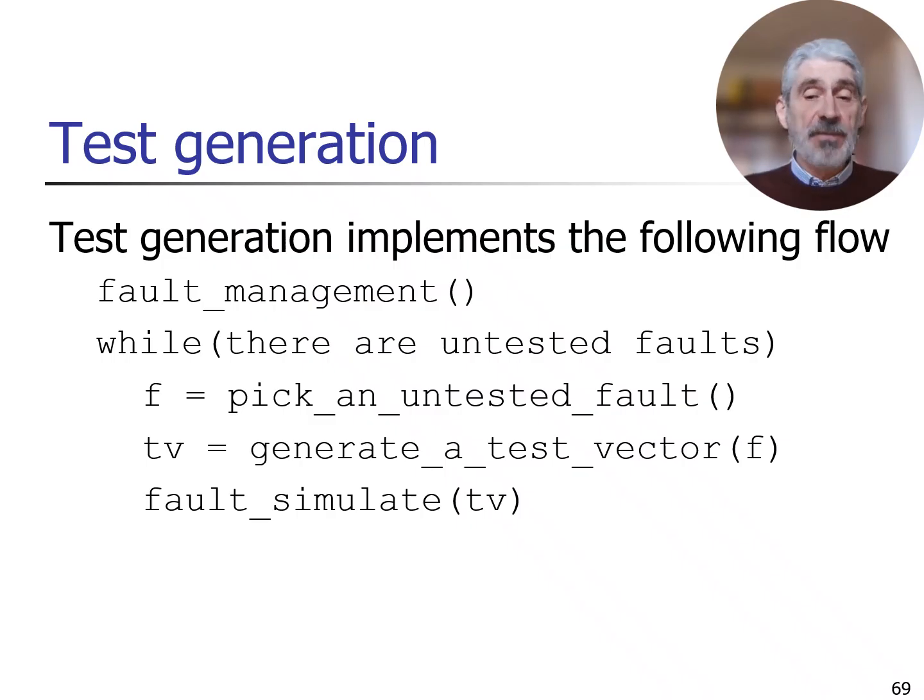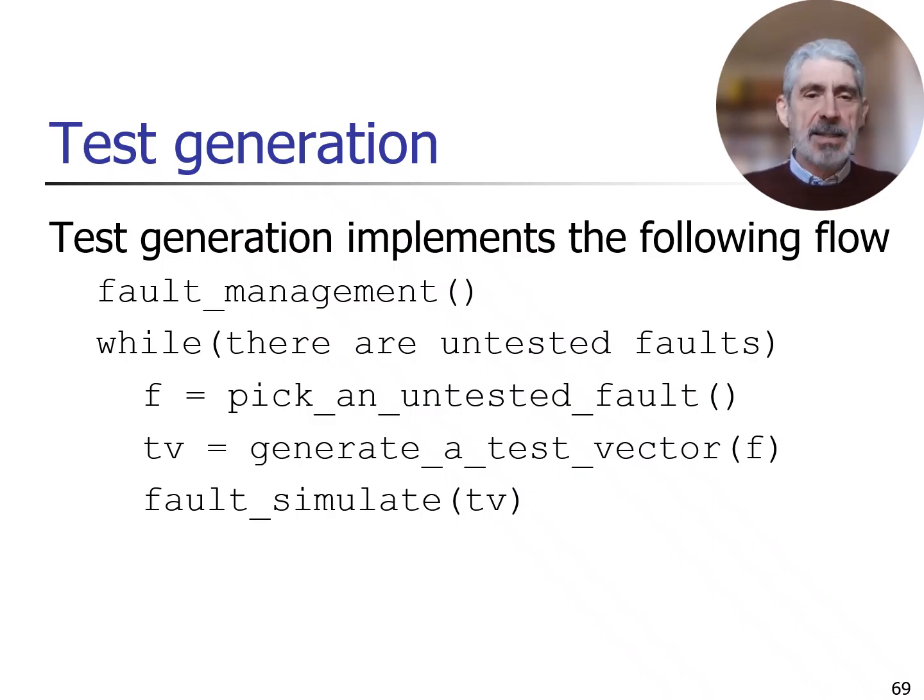In particular, there is a first phase, which is the fault management phase, in which the gate level netlist of the circuit is considered, and out of it the list of single stuck-at faults is generated. Once this list of faults is available, we can enter a loop in which we consider one fault at a time. Clearly the goal is to generate a set of test vectors able to detect all or most of the faults in the list.